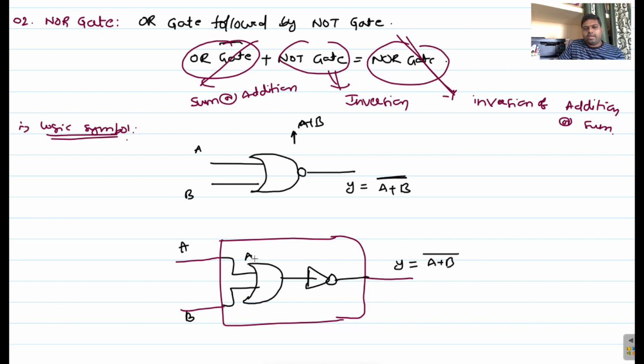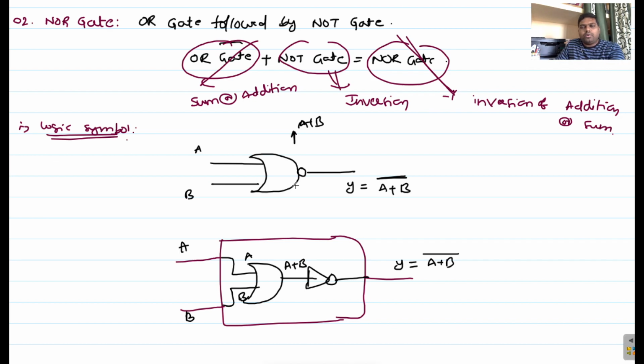Here A and here B, so here we will get A plus B. This A plus B is a single input at this point. At this point A is one variable, at this point B is another variable. If you combine them with the help of this OR logic, you will get A plus B as one particular input. That input is applied to this NOT gate, so it is converted to (A plus B) bar. So this is the expansion of the NOR logic, right? So this is about the logic symbol.